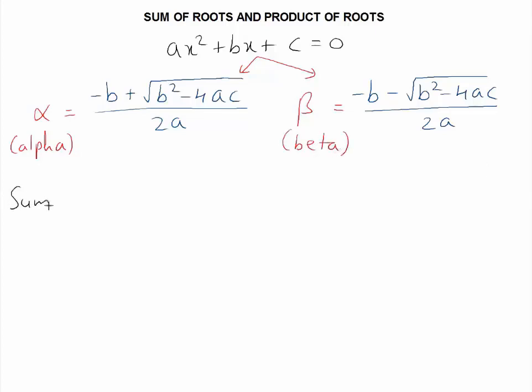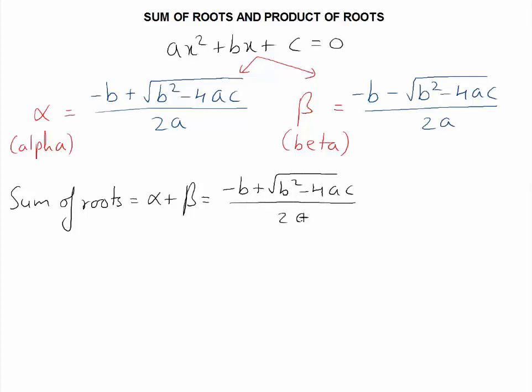So sum of roots equals alpha plus beta equals minus b plus root b square minus 4ac divided by 2a plus minus b minus root b square minus 4ac divided by 2a.